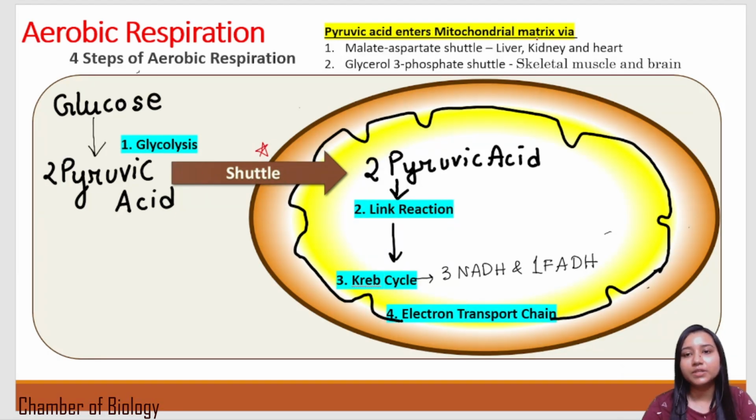The malate aspartate shuttle that we see in the liver, kidney and the heart is not going to charge. They are free of cost, they are not going to take any ATP. So they are going to give 38 ATP only in these cells. But in skeletal muscle and brain cells, there is going to be 36 ATP because 2 ATPs are used in the case of the glycerol 3-phosphate shuttle.